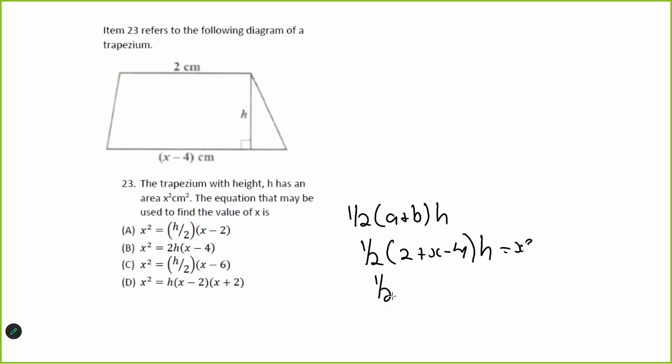So that's a half by x minus 2 times your height is x squared. Do they have that? No, they don't. Oh, you multiply. Now, remember, multiplication is commutative, meaning it doesn't matter the order in which you multiply, you'll get the same answer. So I could have said a half by h, which is h over 2, by x minus 2 is x squared. So that's how I got A as my answer.